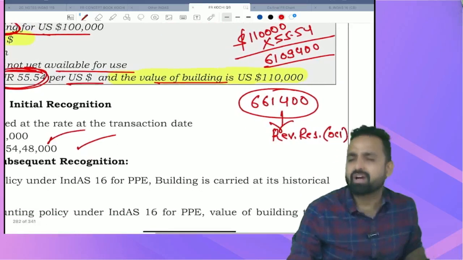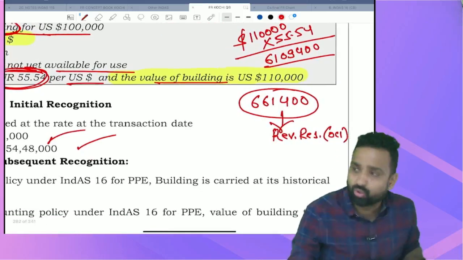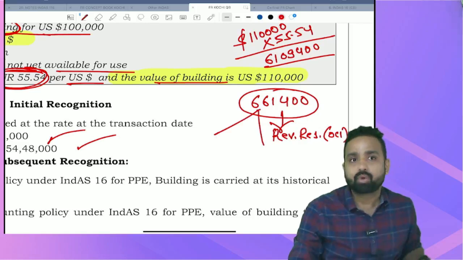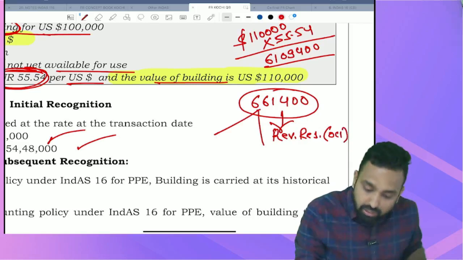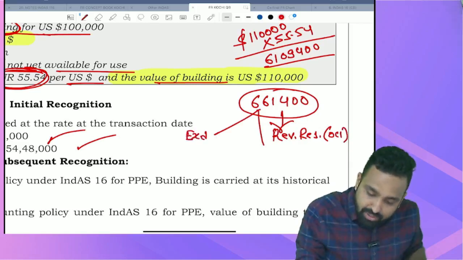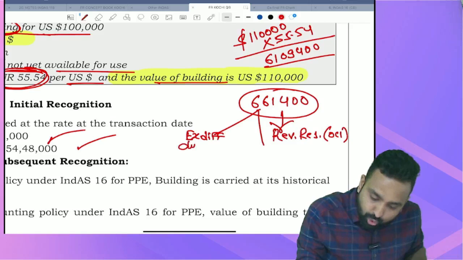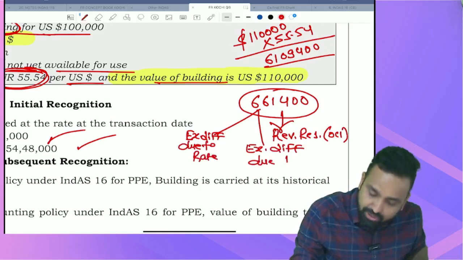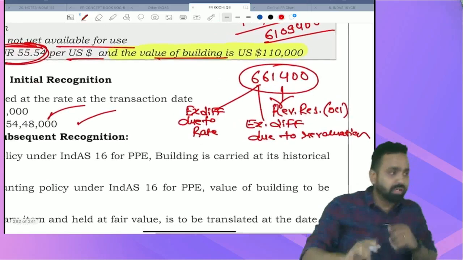But if the question asks you to bifurcate this into two parts. Sir, what are the two parts? Exchange difference due to rate and exchange difference due to revaluation. If the question asks you these two things, how will you answer?